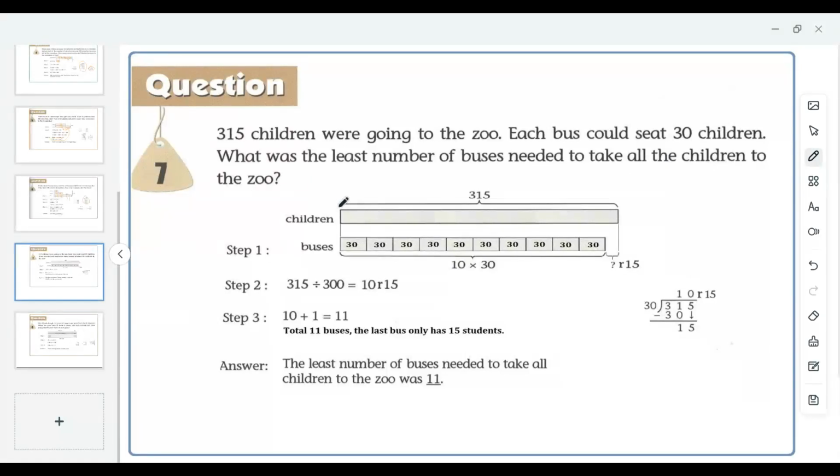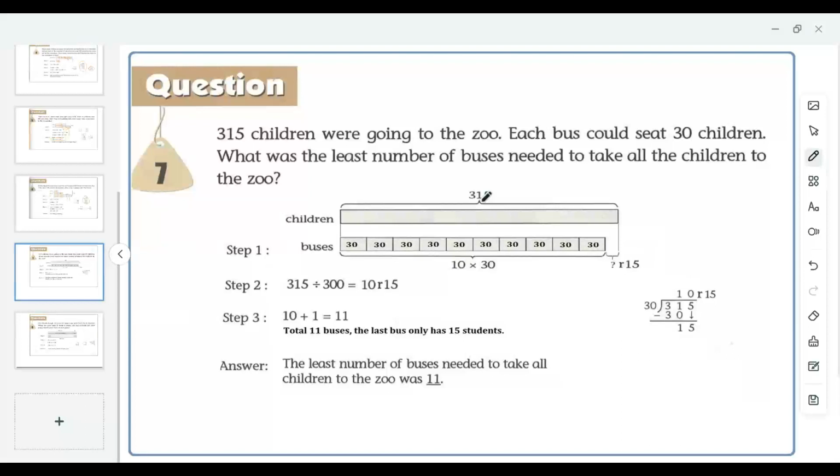Okay, children, first draw a diagram. Children had 315. And the buses had how many buses? 30 each, 30, 30, 30, and this much is, and still something left over. Yeah?